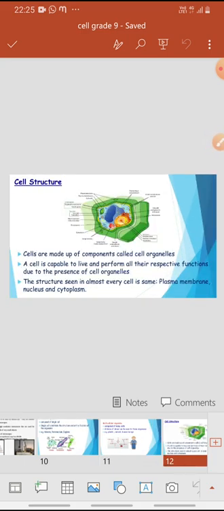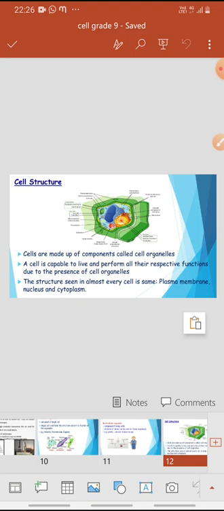Last but not least, what is the topic? Cell structure. Cells are made up of components called cell organelles. The cell is capable of living and performing all its respective functions due to the presence of cell organelles.